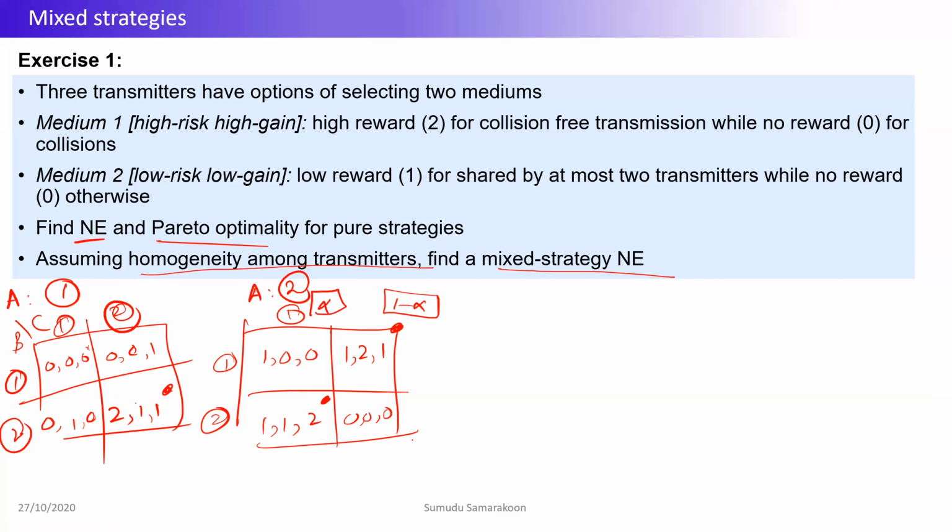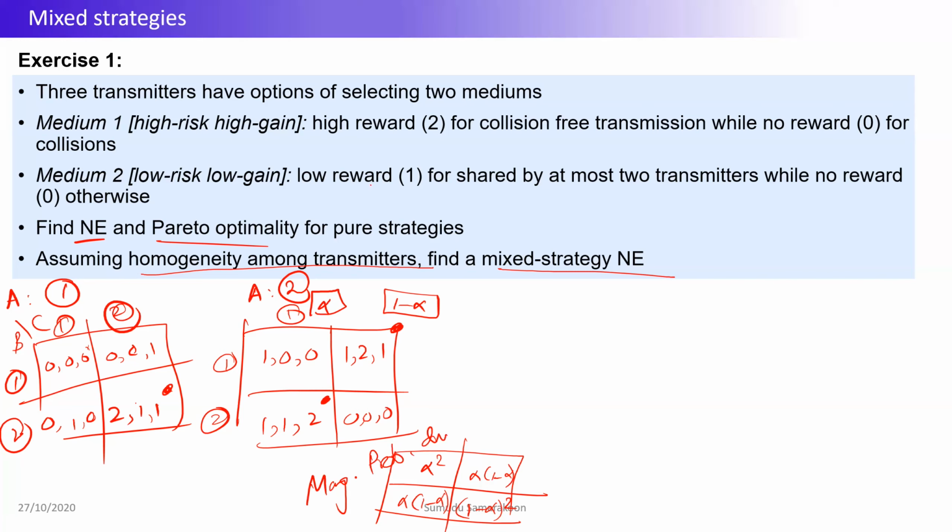So if I write how A sees how others are accessing: B and C both access medium 1 with a chance of alpha squared, and accessing medium 2 with these probabilities, and 1 and 2 with these probabilities. This is the marginal probability distribution, which I discussed earlier in a slide.